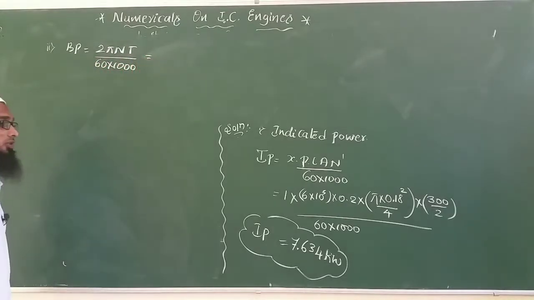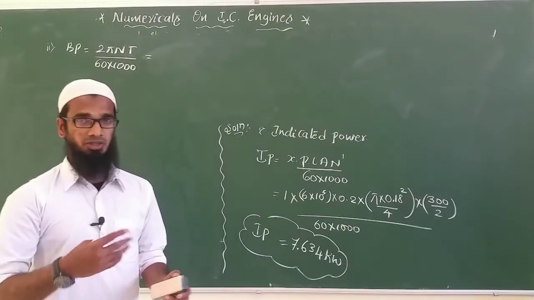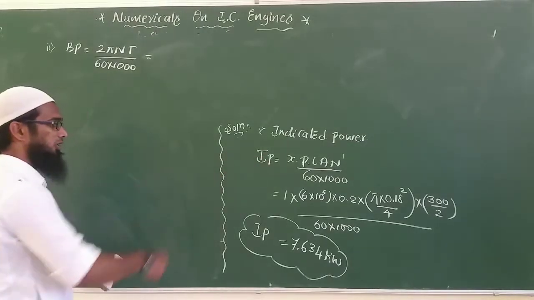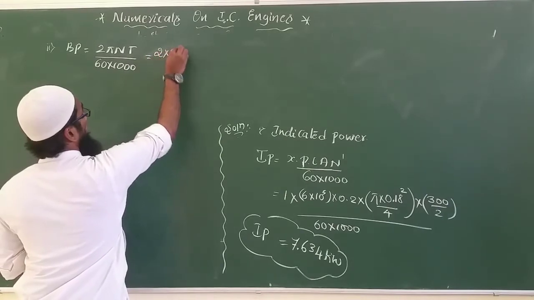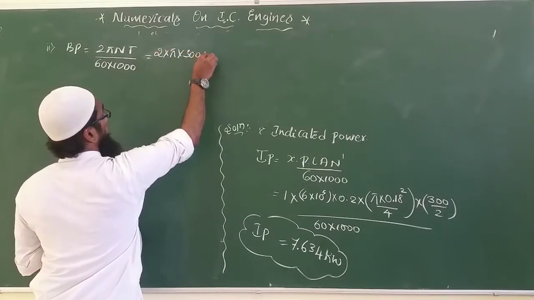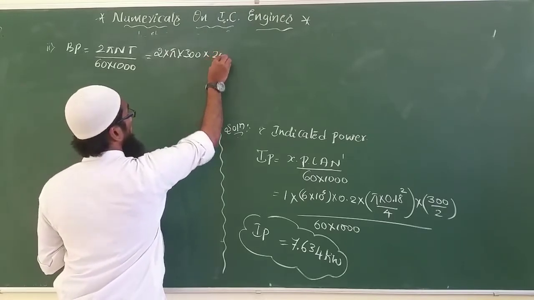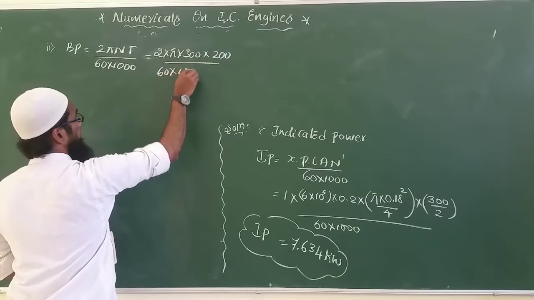Here N is directly the 300 rpm given as the speed of the engine. We should not take 300 by 2 here, that is for n dash. So this is 2 pi into 300, and the torque given is 200 Newton meter, divided by 60 into 1000.